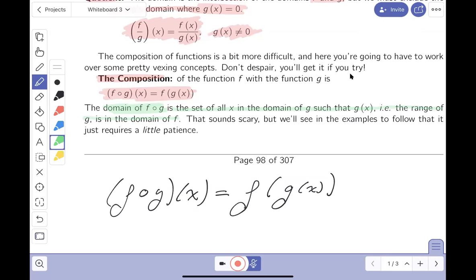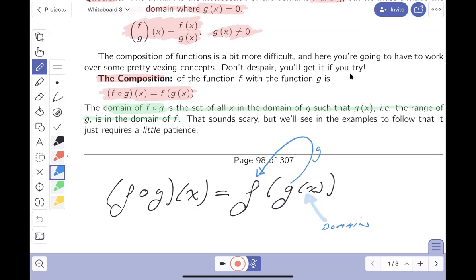So I can apply what's going on over here. g has a domain, but what g attempts to do is give its range to f.